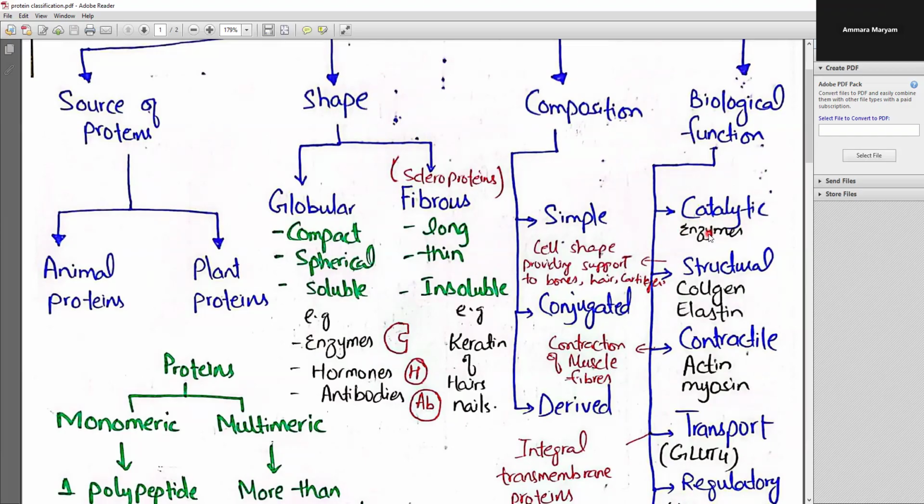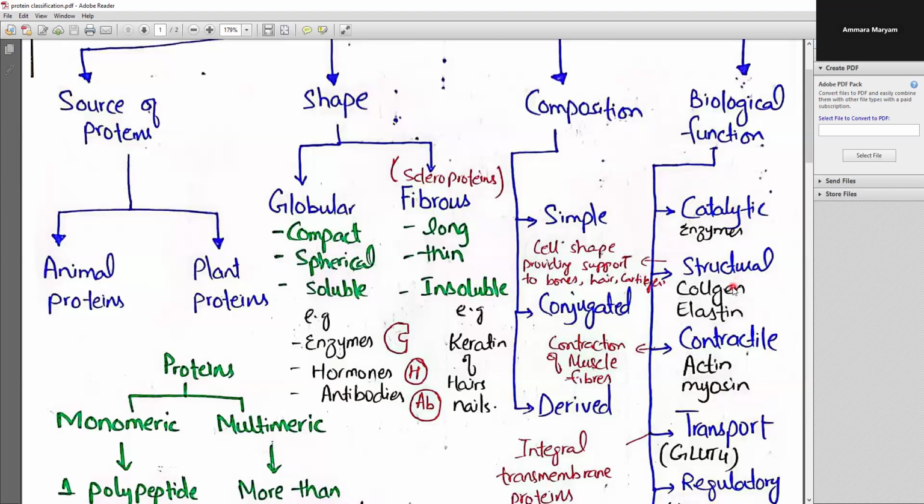We all know that enzymes are proteins which help in catalysis, so enzymes are also known as catalytic proteins. Examples of enzymes are hexokinase, amylase, etc. All these enzymes are protein in nature and have a role in accelerating particular chemical reactions.